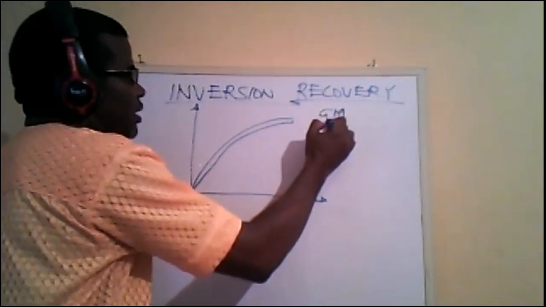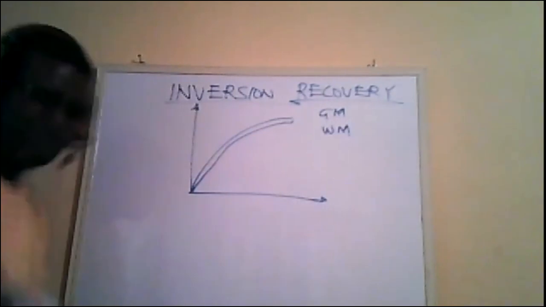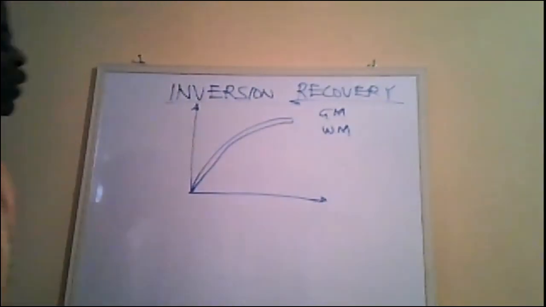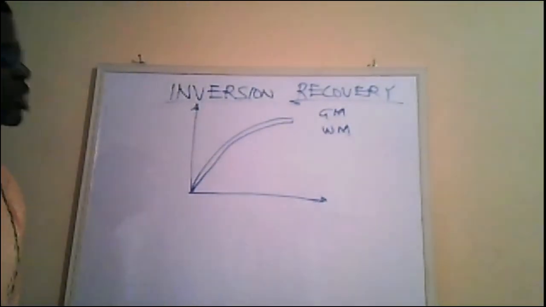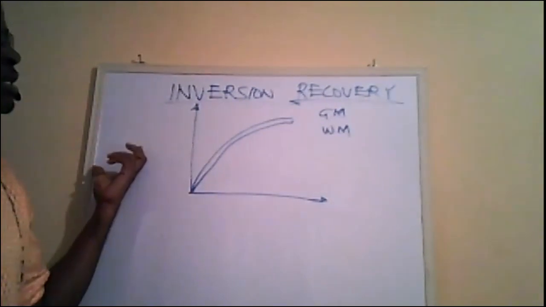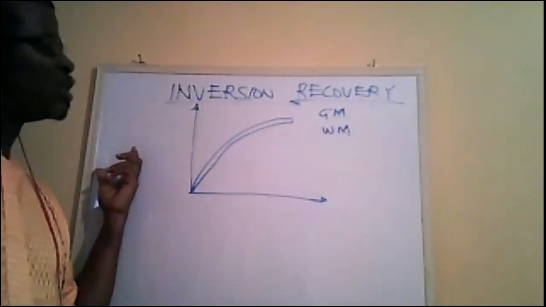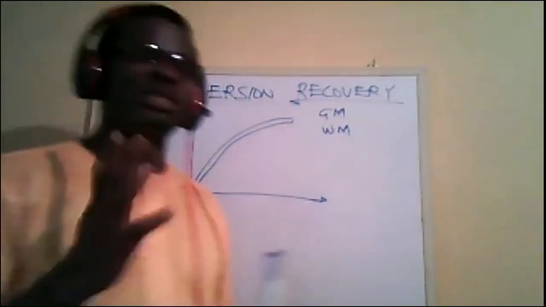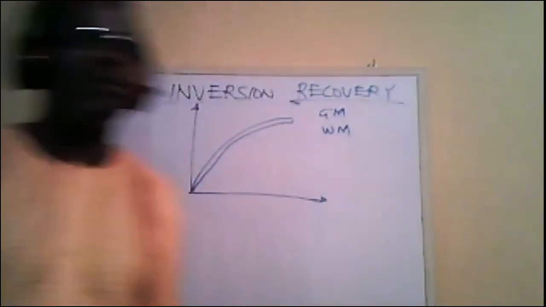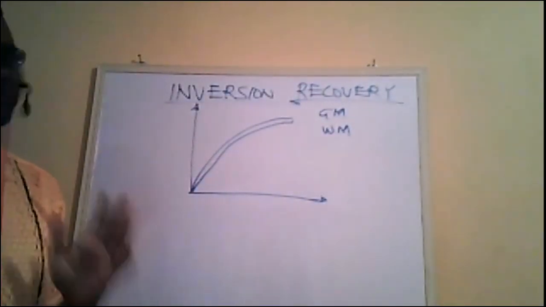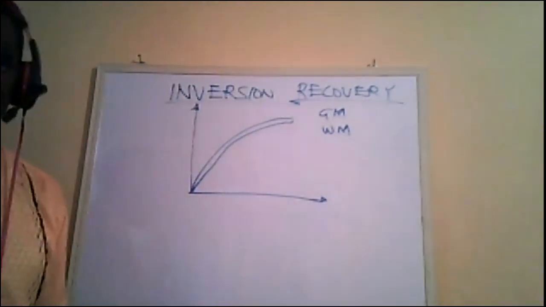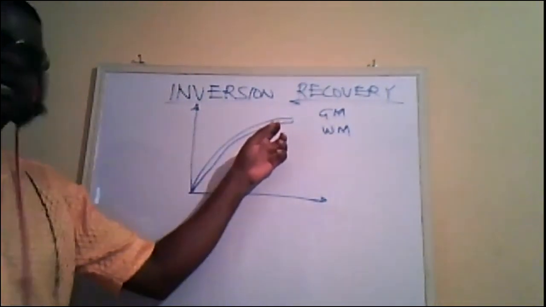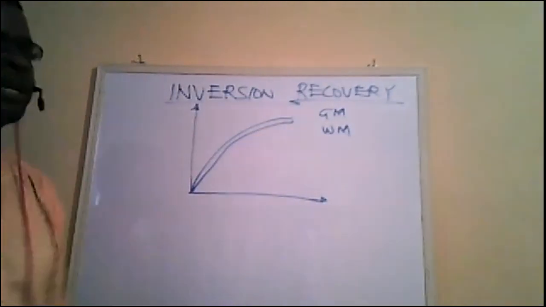The gray matter and the white matter of the brain have very similar characteristics, very similar T1 relaxation. We've seen so many images of T1 contrast of the brain and T2 contrast of the brain. We could see that the gray matter and the white matter are at times very difficult to distinguish. But their differences can be enhanced if we apply inversion recovery.